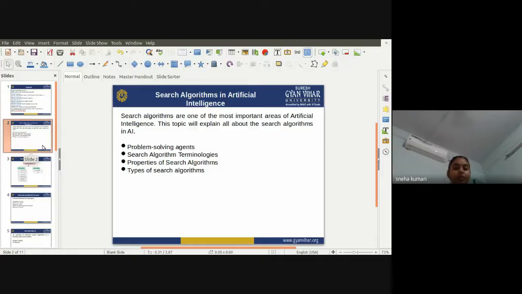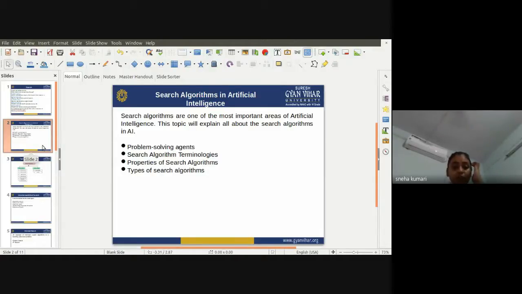Next terminology is transition model. A description of what each action does can be represented as a transition model. Definitely in action, all the descriptions are available, that is, what actions are available to the agent, right?